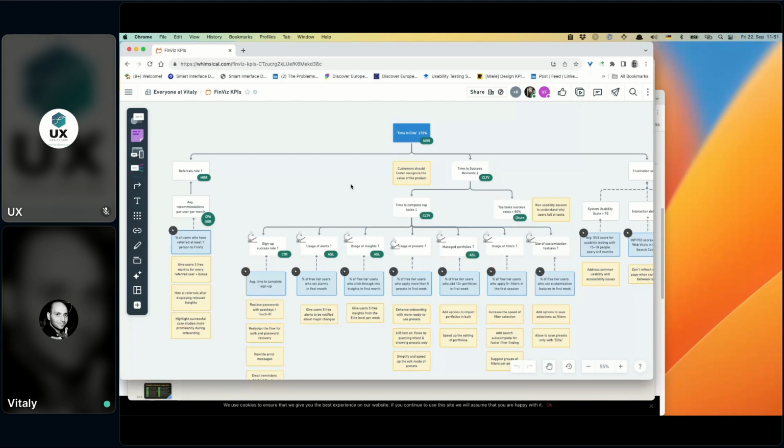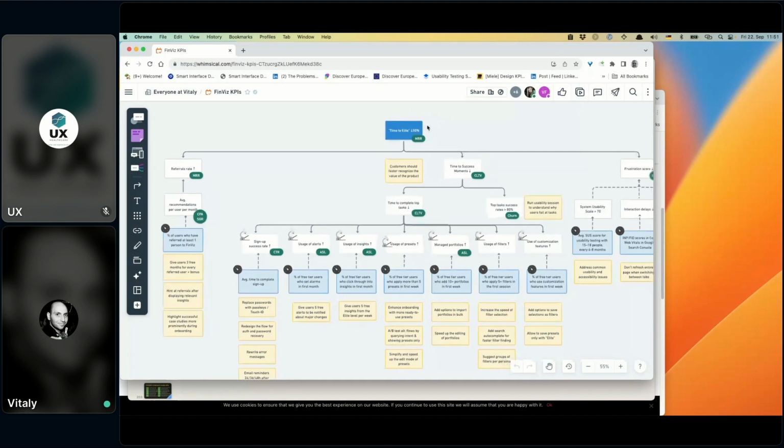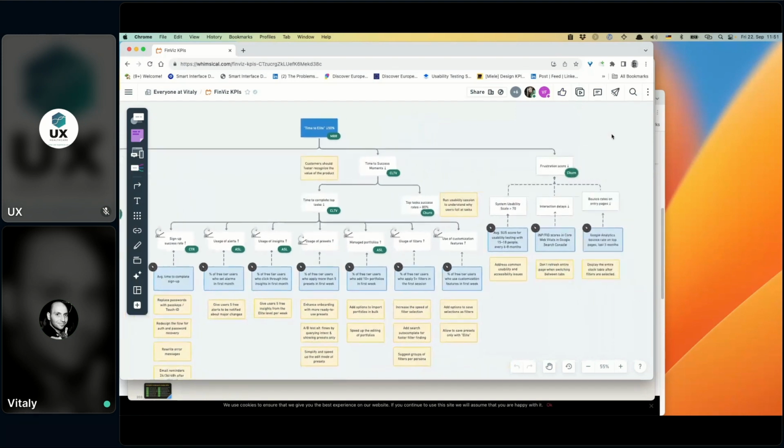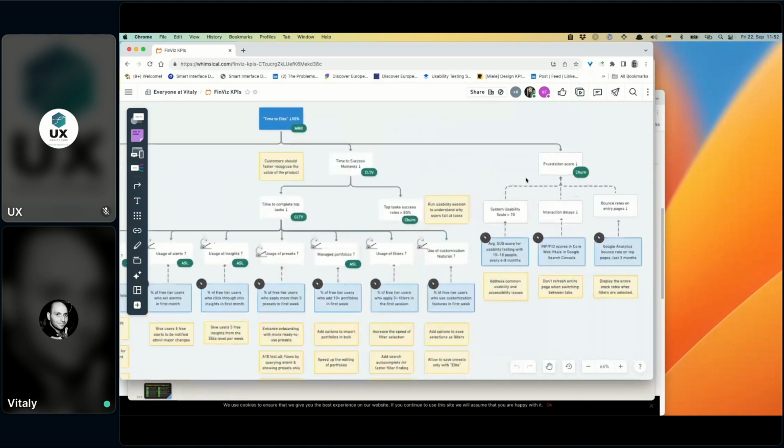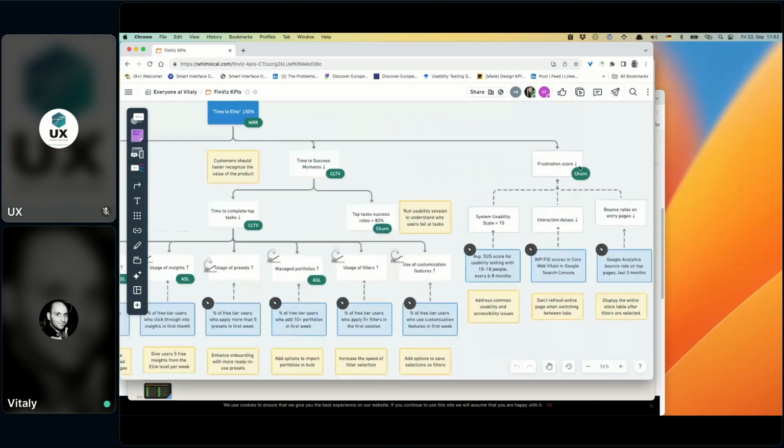So for those activities at the bottom, we have these measurements, which are metrics we're using. We put them into KPIs. Sometimes multiple metrics can flow to a KPI. And then ultimately you connect the dots to go all the way up. It's a different project, but the idea is, if you want to reach that goal, which is getting more sign-ups, you have here your frustration score. If you want more people to sign up, you need to reduce the frustration they have.